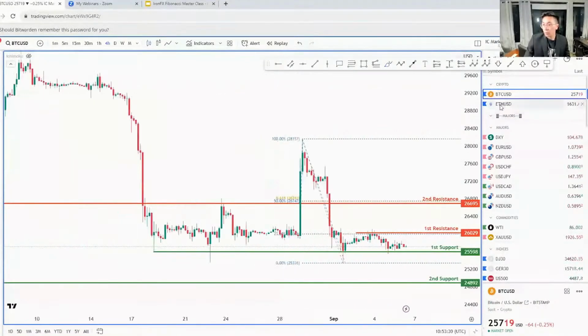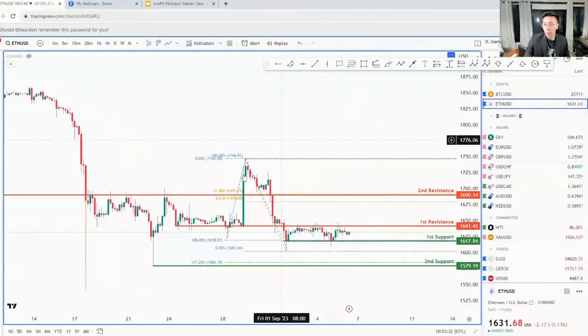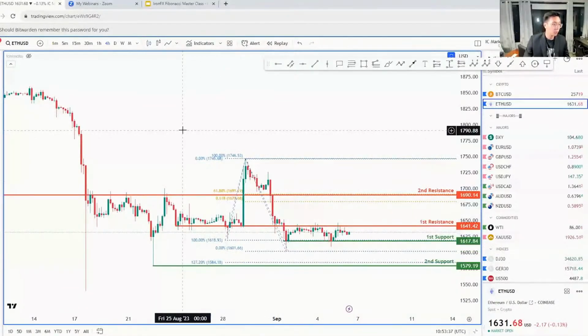Okay, let's see what else I can share with you guys. Just remember that for your expansion levels, the negative 27.2% is the stronger one compared to the negative 61.8. And for the extension levels, the 127.2% extension level is stronger than the 161.8 extension level.